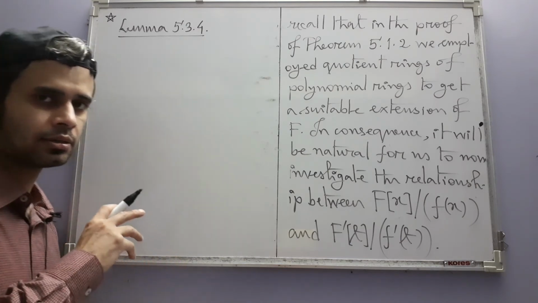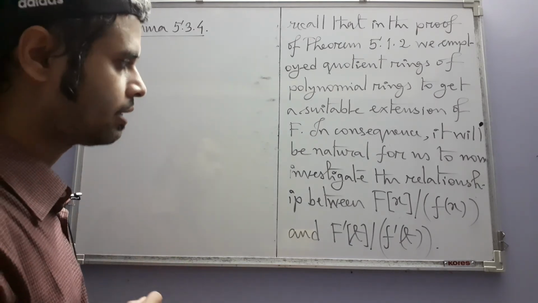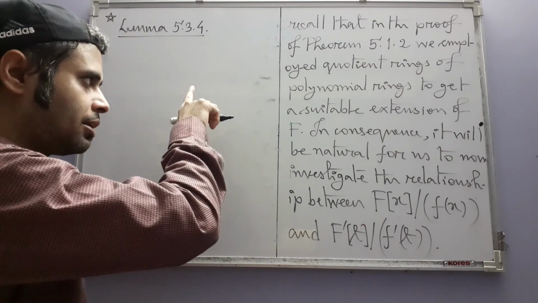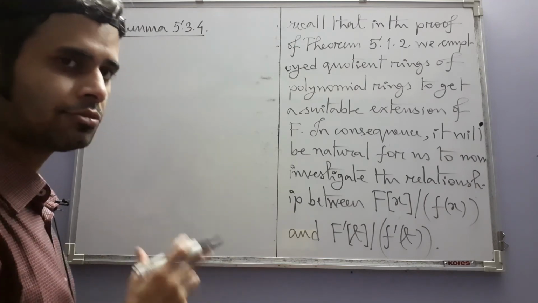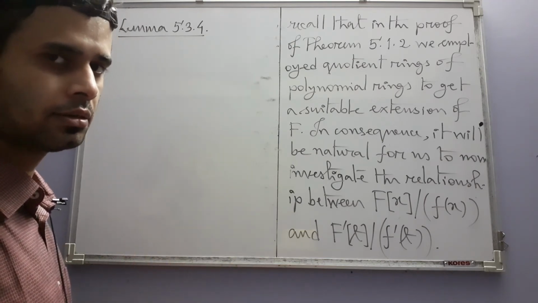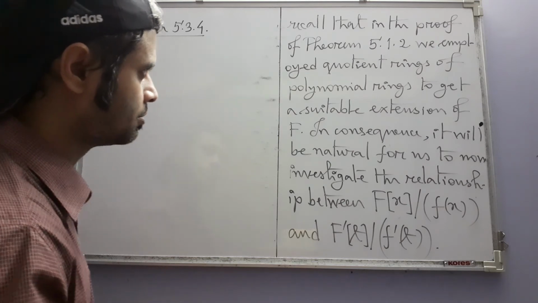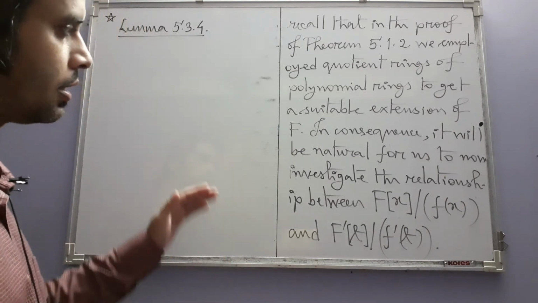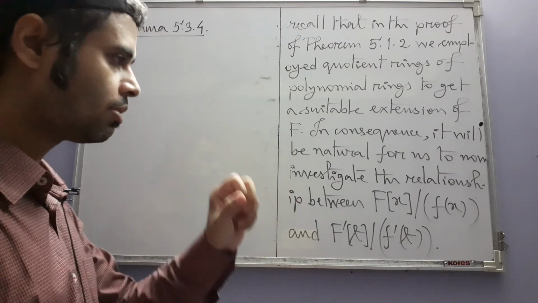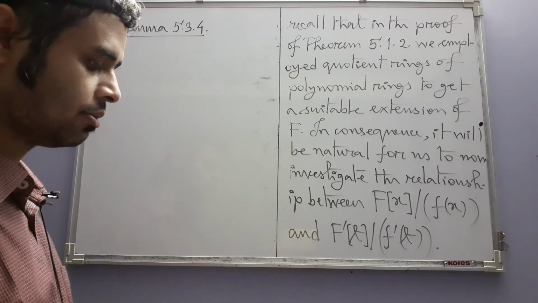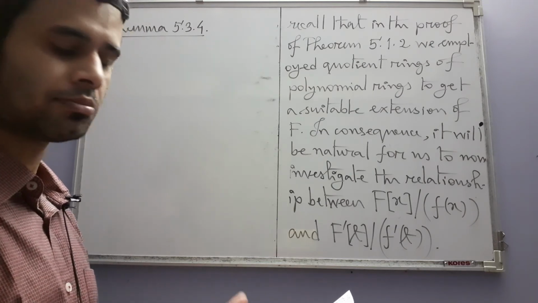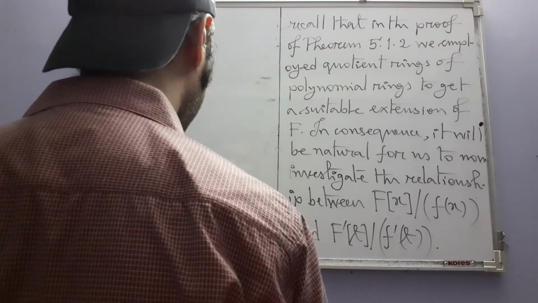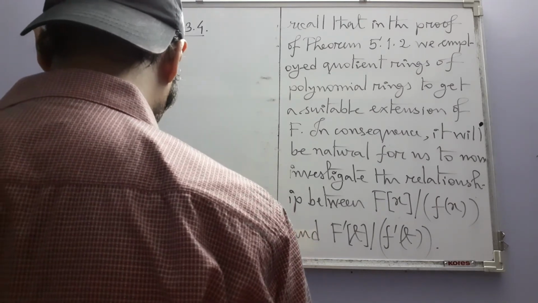If you want, you can state it like that, as an existence statement, and then show that our particular tau star in fact qualifies to be such an isomorphism. But because we started by defining tau star, and then showed that it is one such isomorphism, we simply wrote that tau star defines an isomorphism from F[x] onto this and that. Here, however, we write the statement first and then we will prove it.